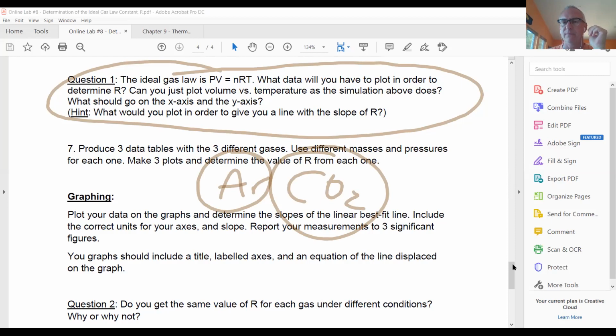Let me ask you a question right now. Do you think the value of R will be different depending on the gas that we choose? No. Okay. Why is that?